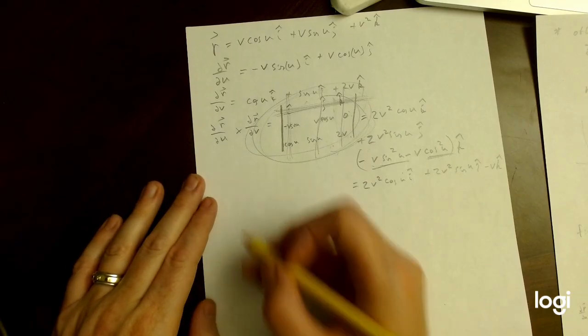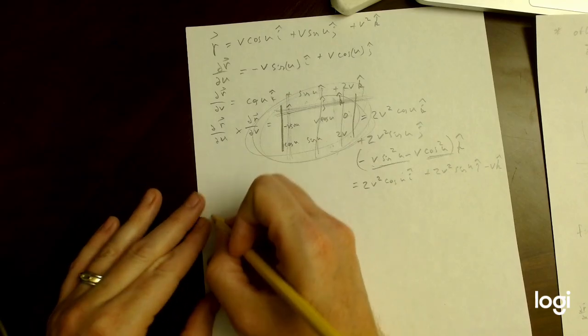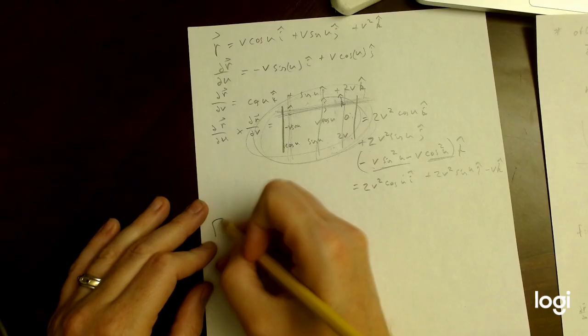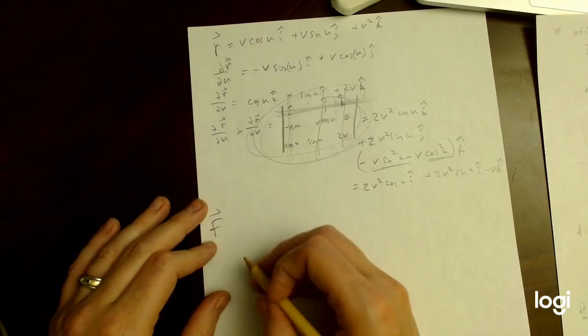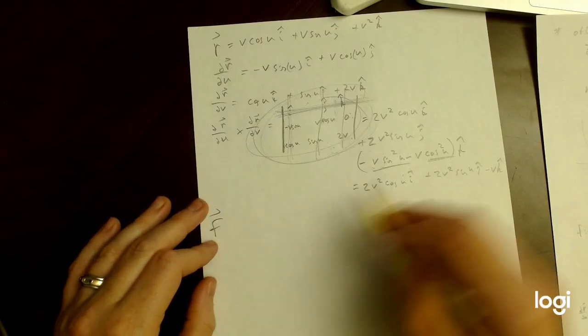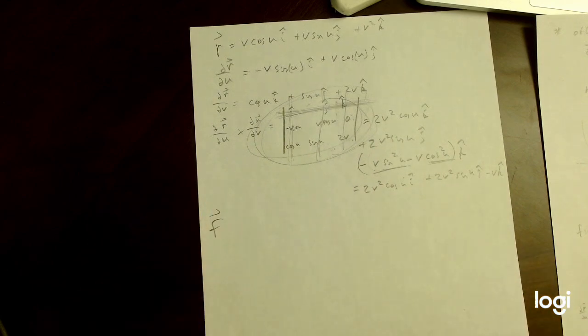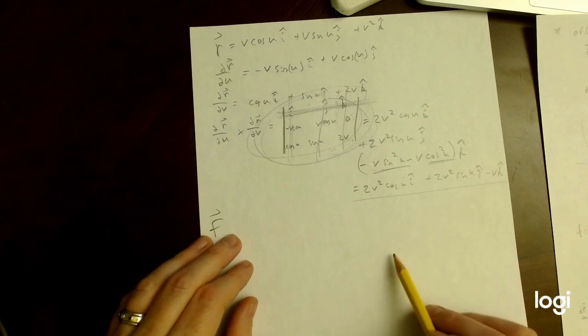on cross products. But to actually finish off a problem like this, we would need to have a vector field, because we know that to get a flux we need not only the area here. So we've just basically defined our area vector.